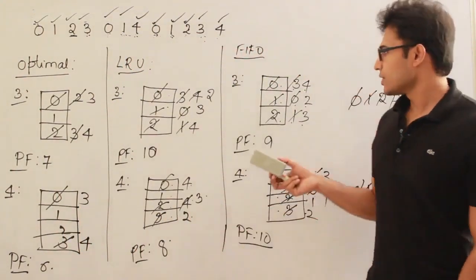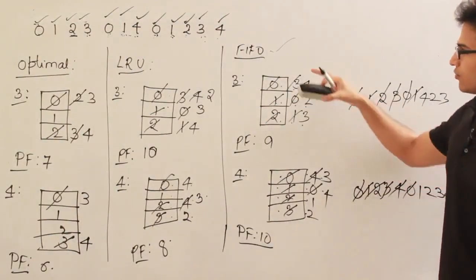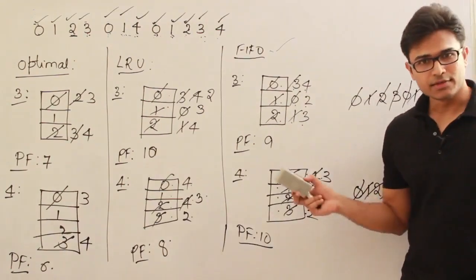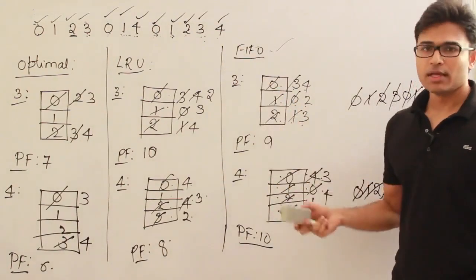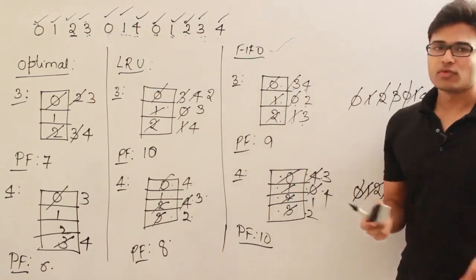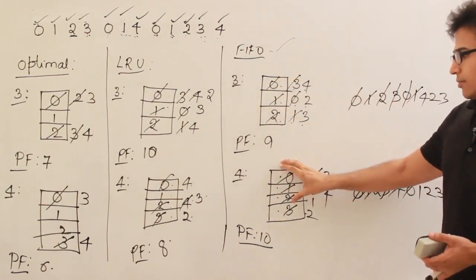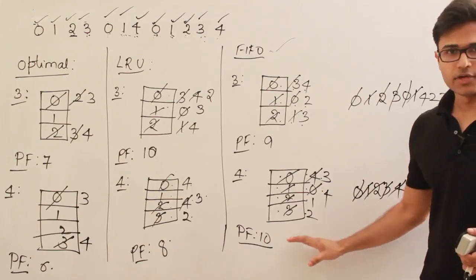It doesn't mean that FIFO always, by increasing the number of frames, is going to increase the number of page faults. In this case, for this example, it so happened that for FIFO, first in first out, as I increase the number of frames, the number of page faults also increase, which is really weird, right?